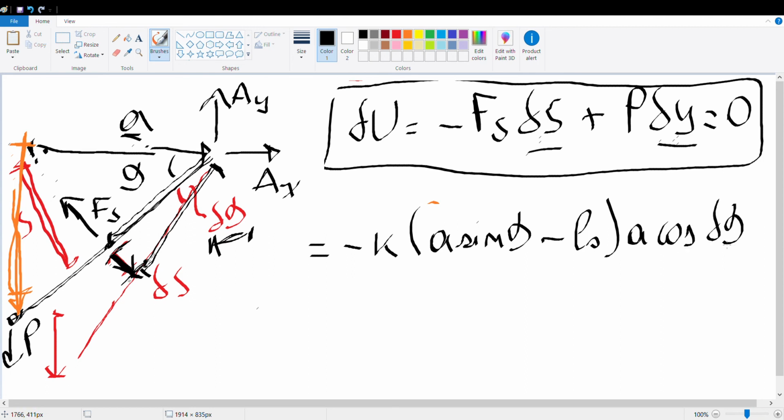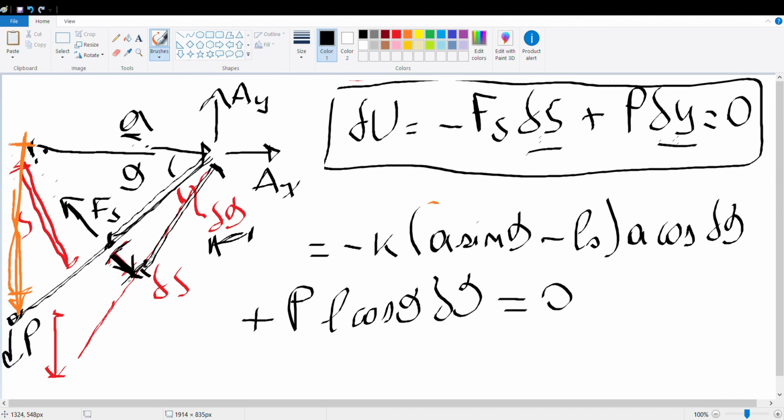Then I have plus P, my load P, L cos theta delta theta, and this is all equal to 0.